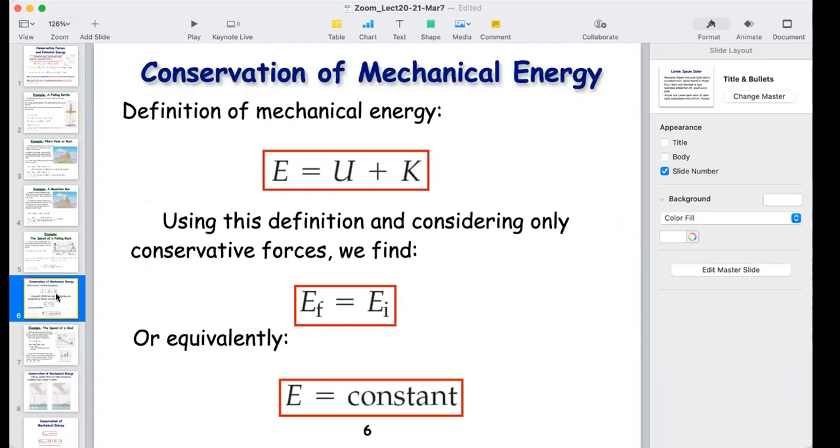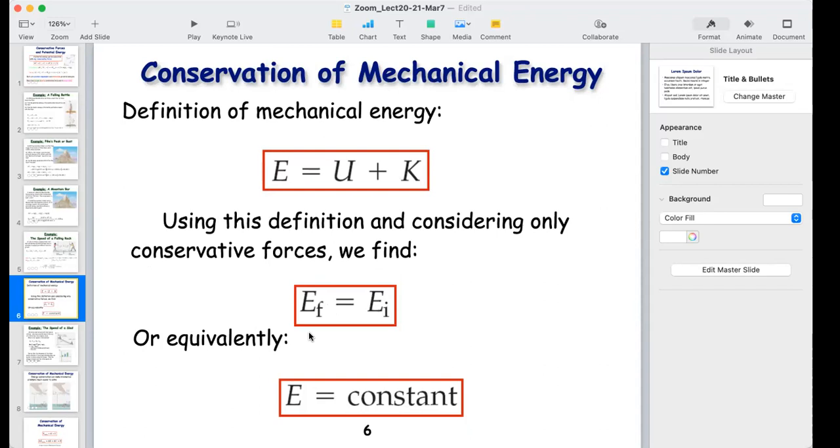The conservation of mechanical energy says that the energy is given by the potential energy plus kinetic energy, and considering only conservative forces, and we saw that, for example, gravitational force is one conservative force, the energy involved in the final conditions is the same as the initial condition.